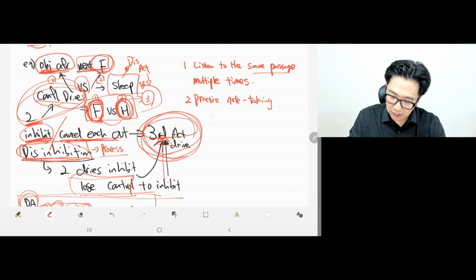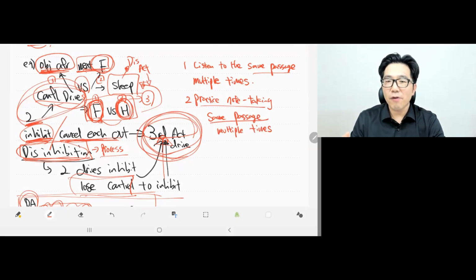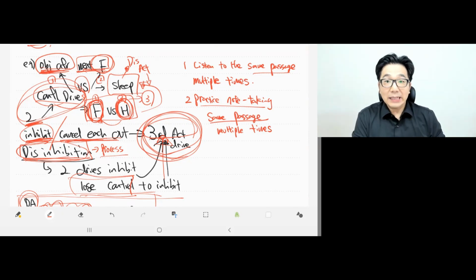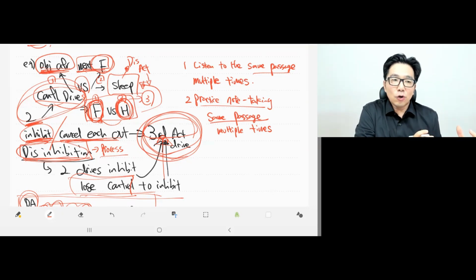And as you know, step 2 is you need to practice note taking, just like what I did, of the same passage, multiple times. You need to keep practicing the same thing, and you need to get better. You really need to become good at one passage. You become so good at one passage that when you try a new passage, you can apply your skills.